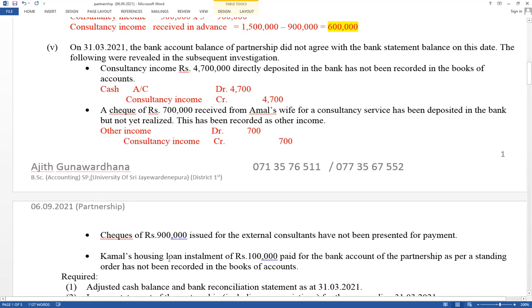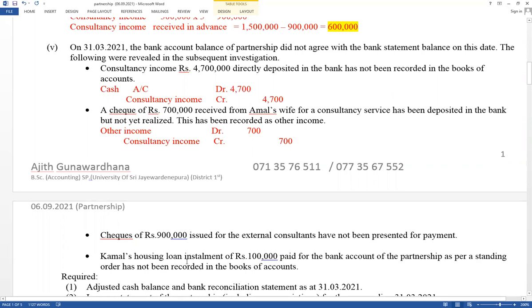Therefore, cash account credit, partners' capital account debit. It is not an expense of the business. Kamal's housing loan is the owner's private expense, which cannot be paid by the business.